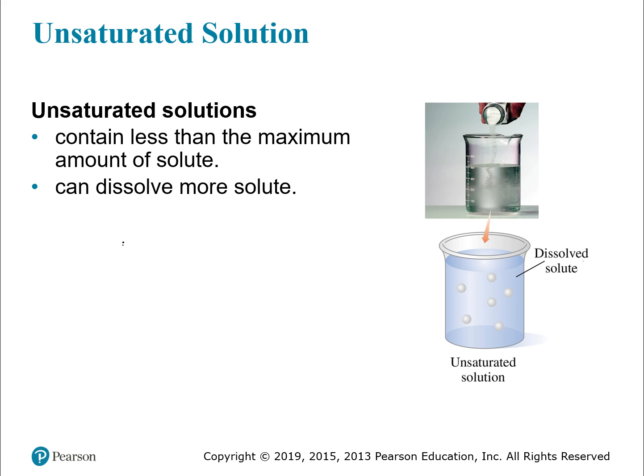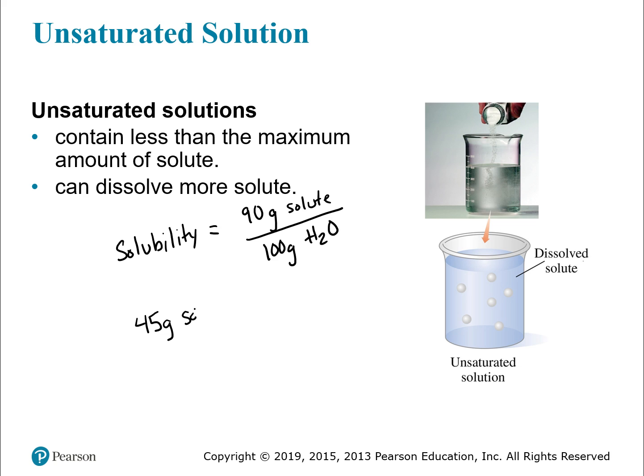So let's say that our solubility was 90 grams of solute for every 100 grams of water. An unsaturated solution might have 45 grams of solute in 100 grams of water.